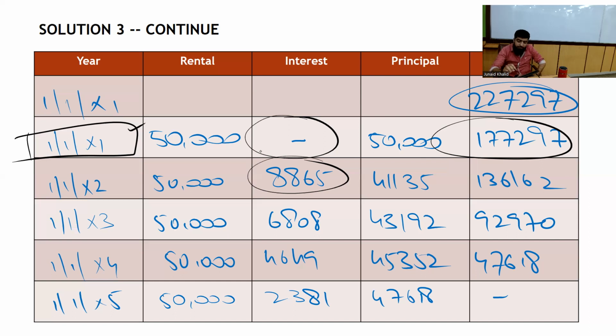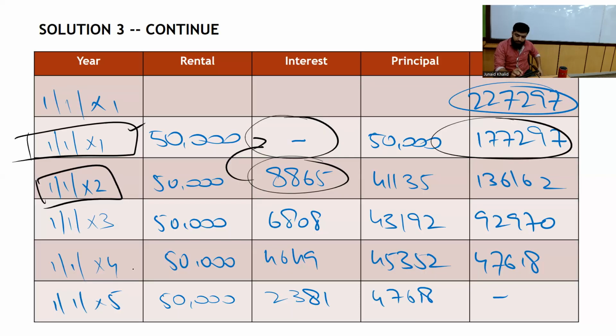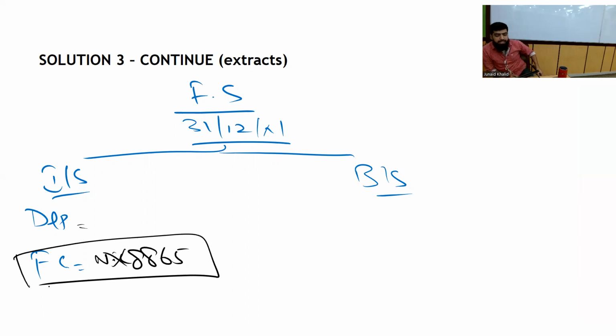Remember, that interest is paid on 1st January 2002, but that interest belongs to 2001. So the interest expense, finance cost, for the year ended 31st December 2001 is 8865.